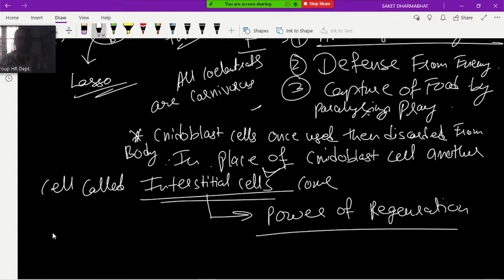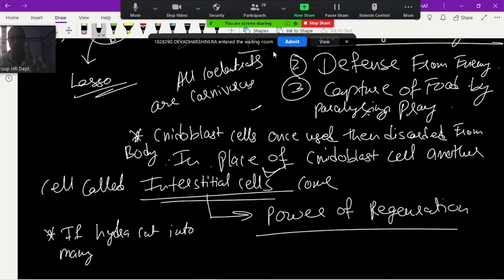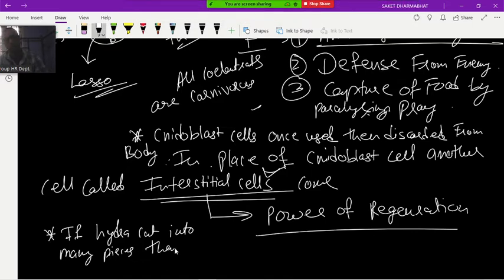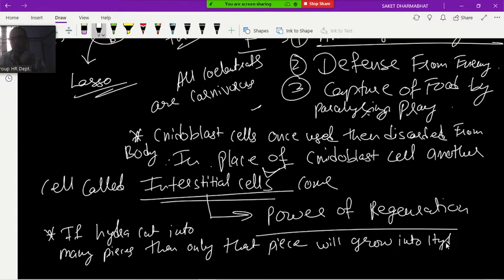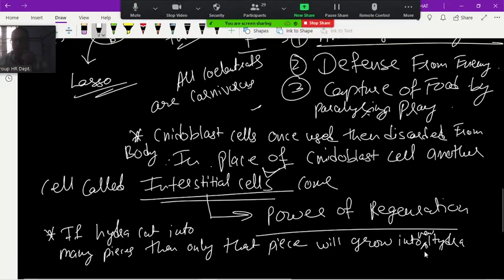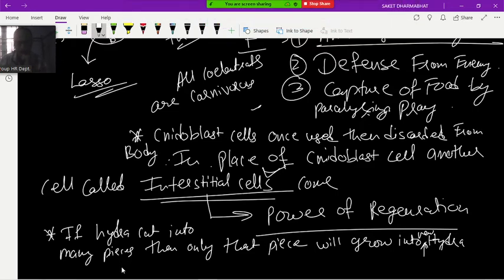If hydra is cut into many pieces, then only that piece will grow into a new hydra which has what?